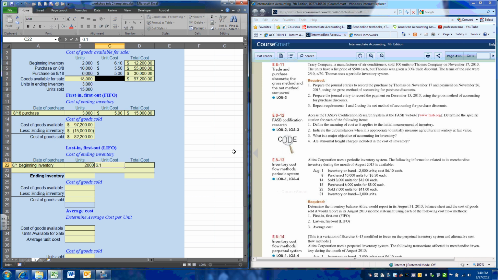We have 3,000 remaining at the end, so we have to go to the next layer of inventory, the purchase on 8/8, for the remaining 1,000 units. So our 3,000 units in ending inventory will come from our beginning inventory and from our purchase of August 8th. August 8th had a unit cost of $5.50. And then we do our multiplication of the total cost.